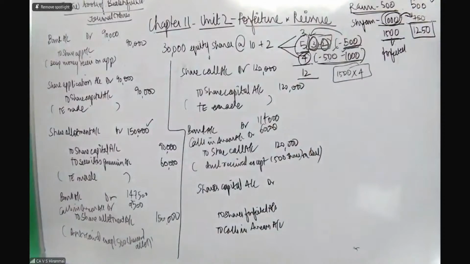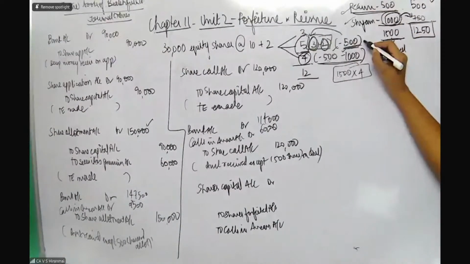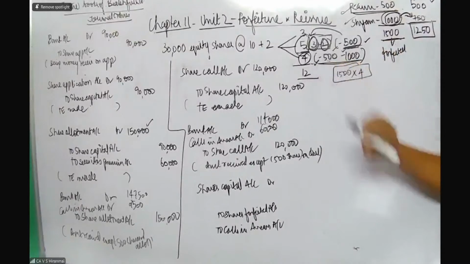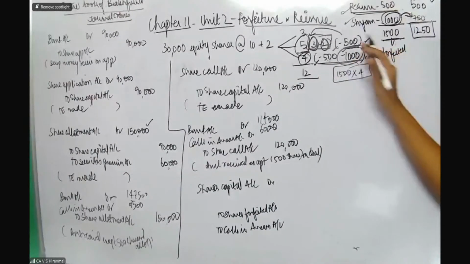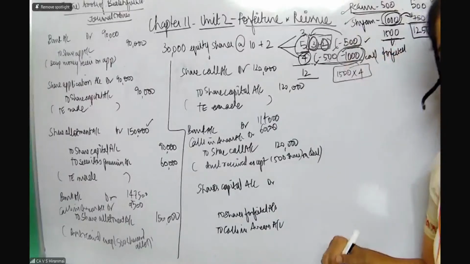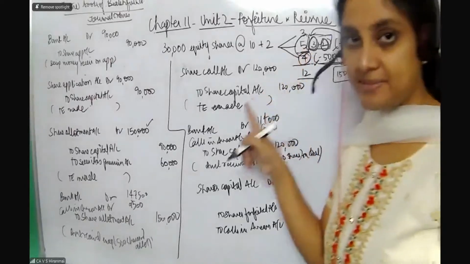Now you tell me how many people's shares are there? Ram's and Shyam's are there, correct? Ram has defaulted in allotment and even in the call. But Shyam has defaulted only in the call. Clear everybody?